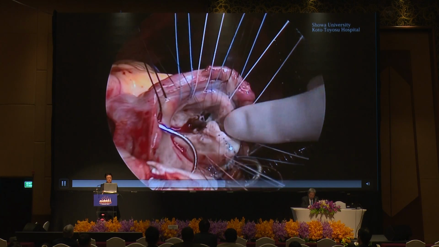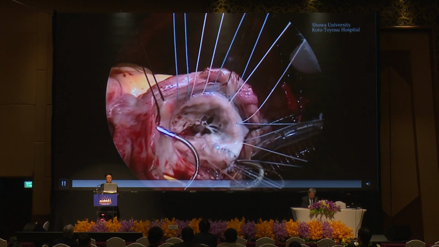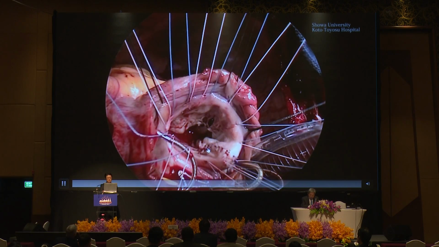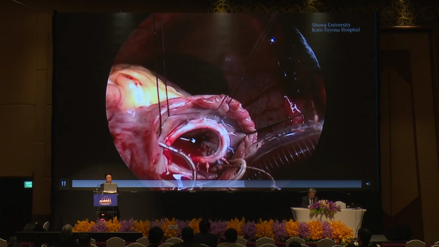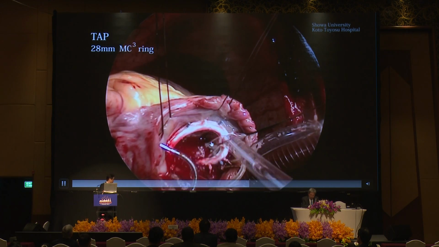I normally use a 6-0 fluorine suture to close the commissure. And then the 3D rigid ring was implanted.